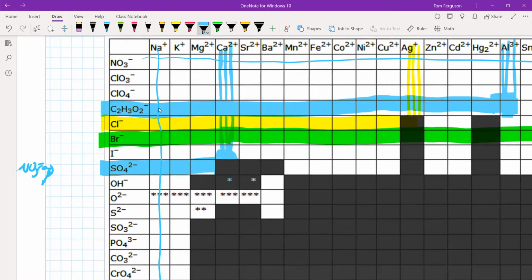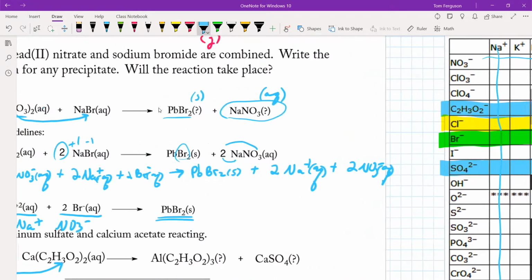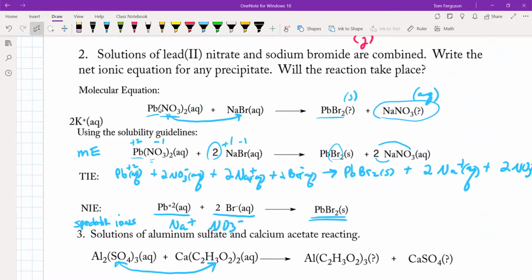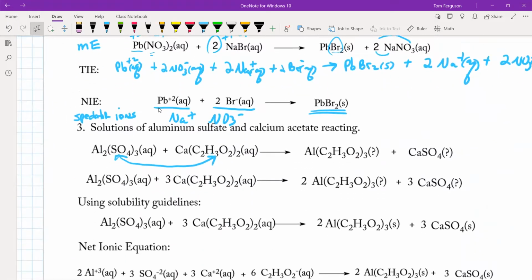It means it forms a solid. So that's the molecular equation.